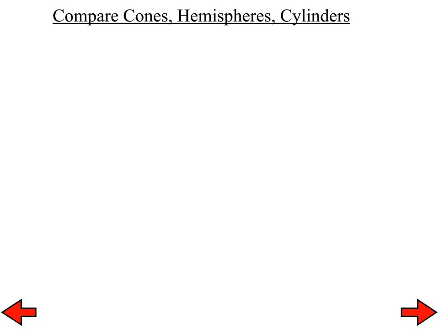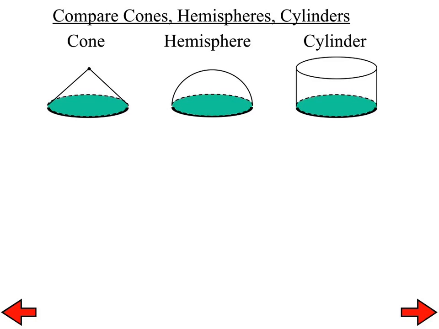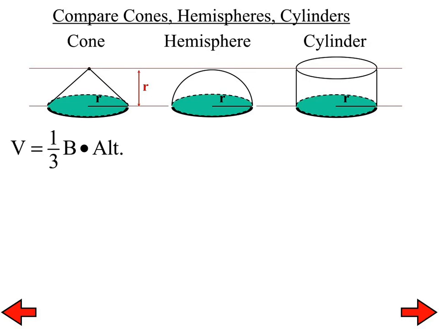Comparing cones to hemispheres. By the way, a hemisphere is half of a sphere. And a cylinder. So if I have a cone and a hemisphere and a cylinder, they all have the same exact base area. In other words, they have the same radius. And they also have the same height, which happens to be the radius as the height.